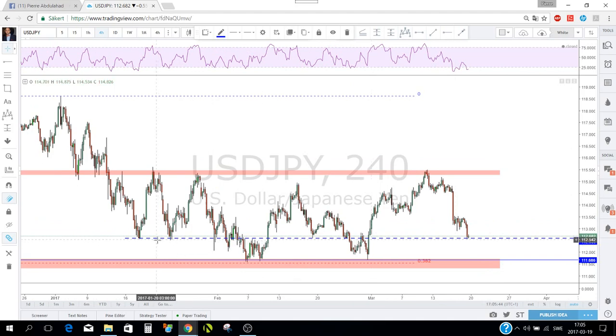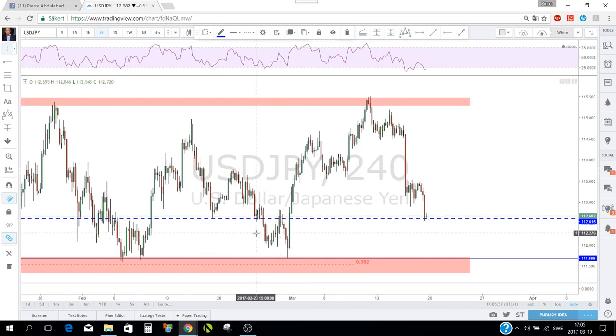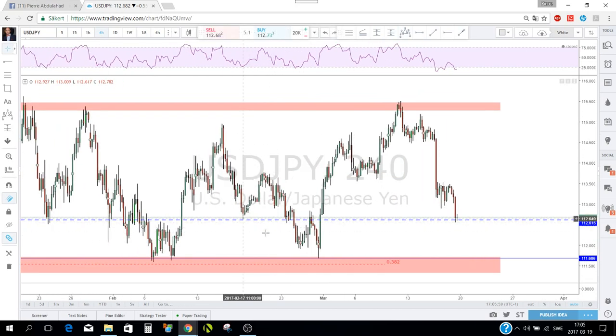Because as you see here, this level did act as a good support before, 1, 2, 3 times, then it got broken, traded a little bit below it, and then it was back again as support and here as resistance.